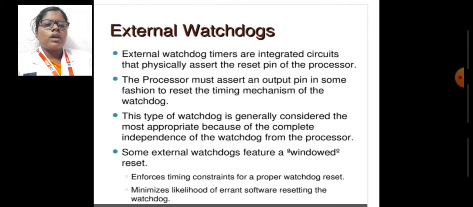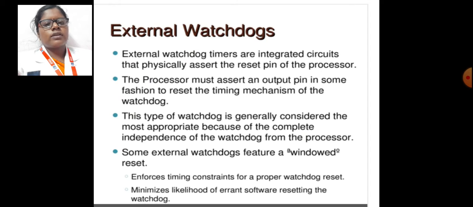Here, external watchdogs and internal watchdogs. External watchdog timers are integrated circuits that physically assert the reset pin of the processor. The processor must assert an output pin in some fashion to reset the timing mechanism of the watchdog.